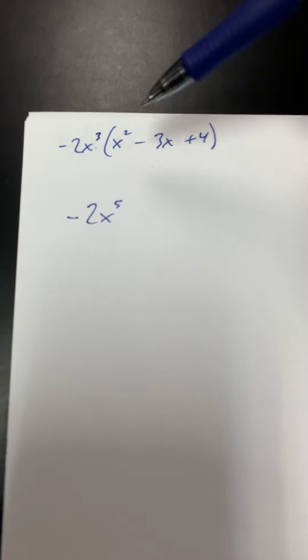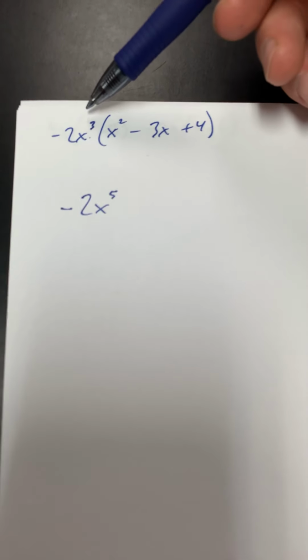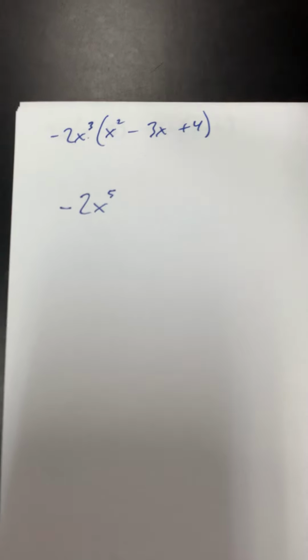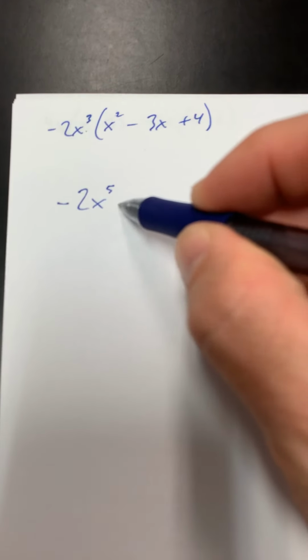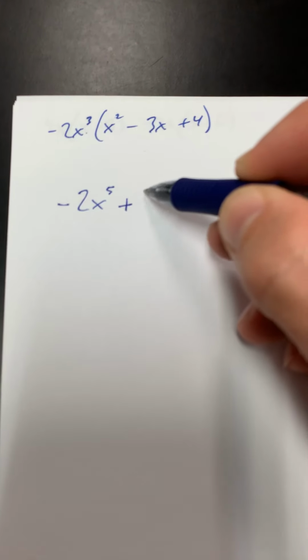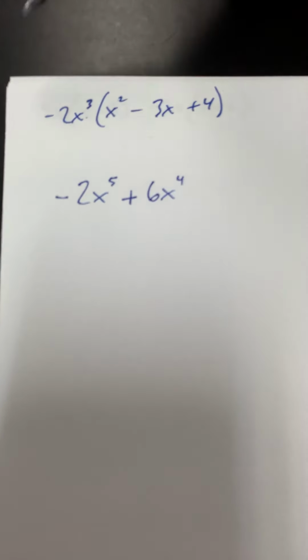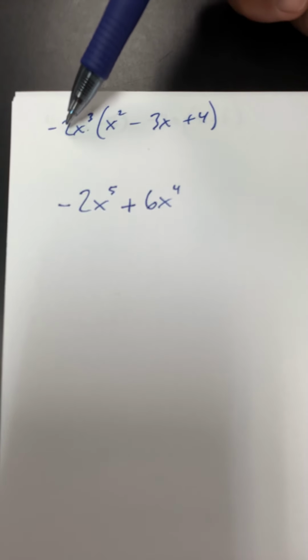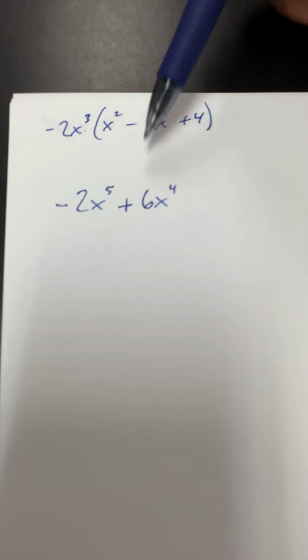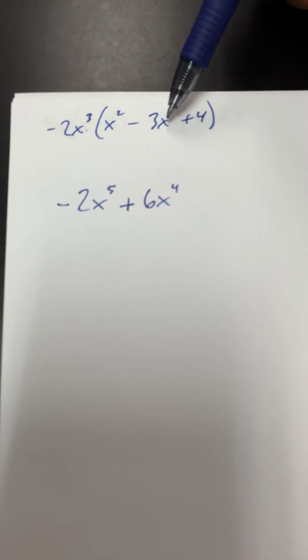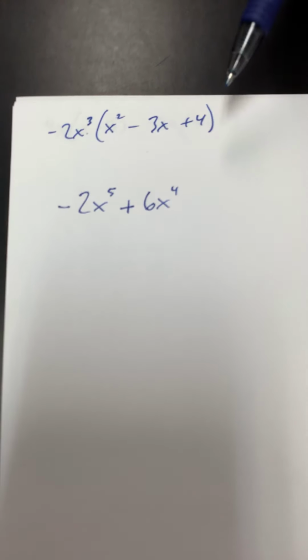Now negative 2x cubed times negative 3x is going to give us positive 6x to the 4th. We have a negative 2 times a negative 3 gives us that positive 6, and then an x cubed times x to the 1st gives us x to the 4th.